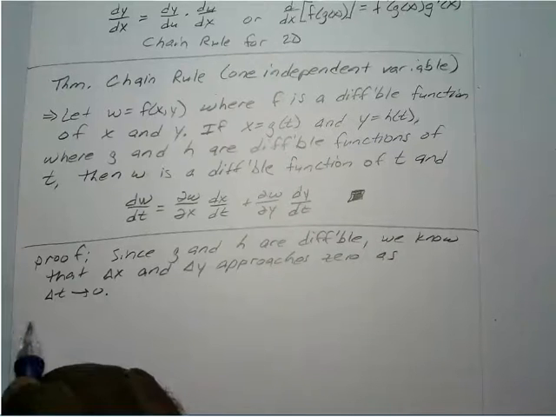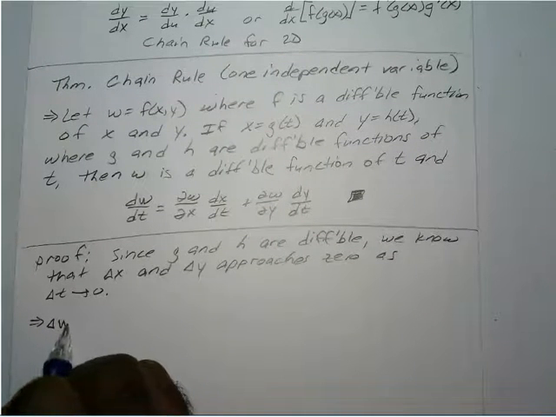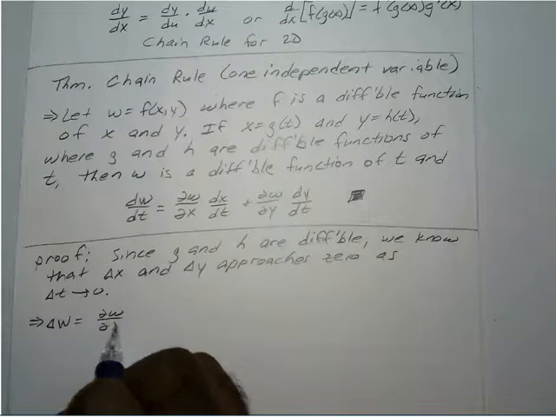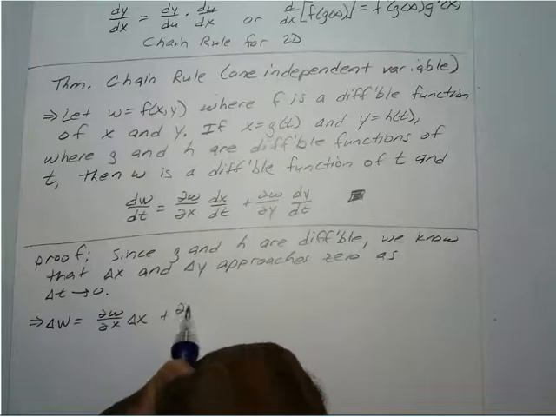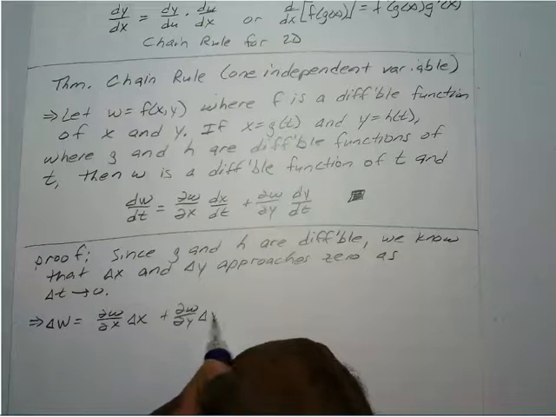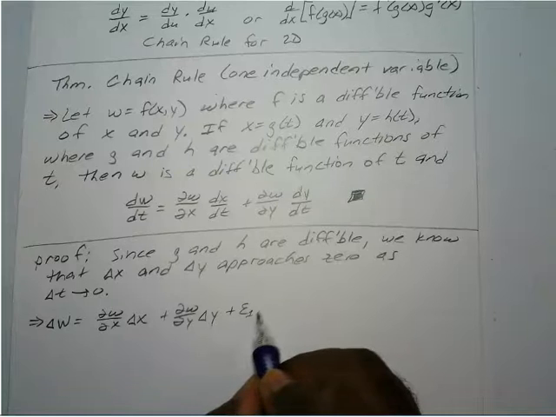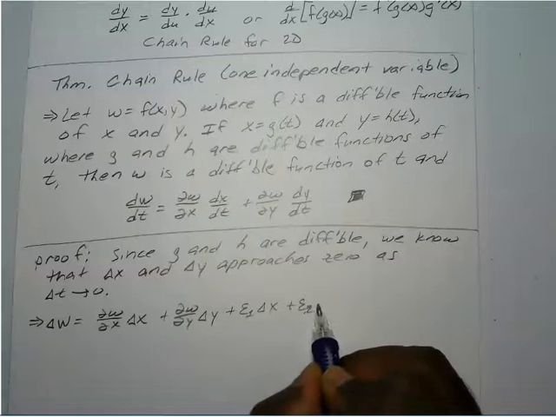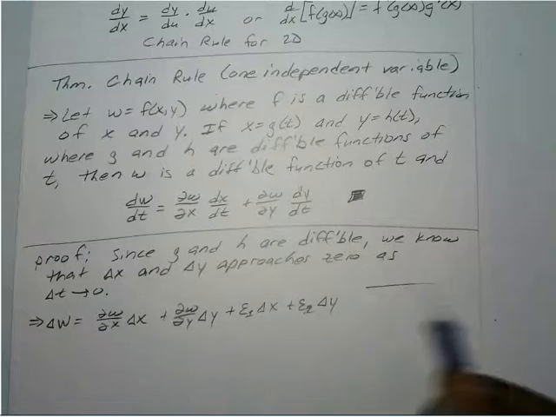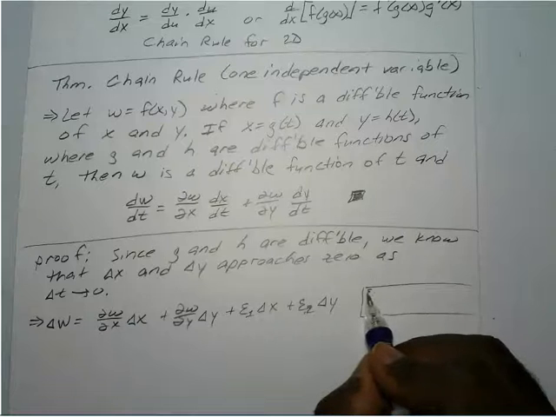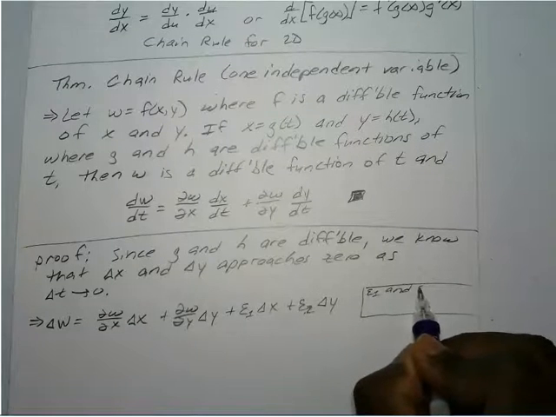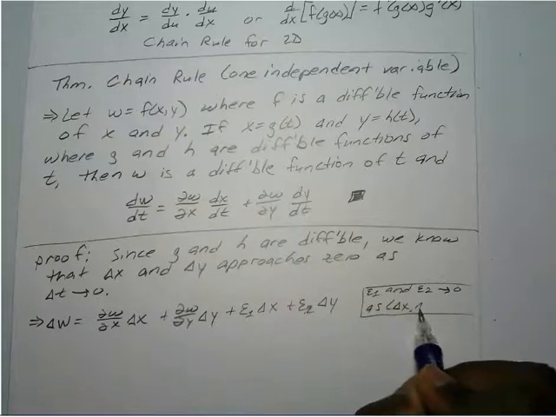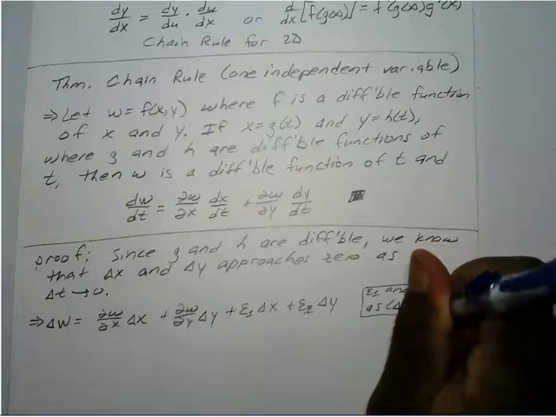If that's the case, we know that delta w is equal to partial w with respect to x times delta x, plus partial w with respect to y times delta y, plus epsilon 1 delta x plus epsilon 2 delta y. But we already know simply by definition that epsilon 1 and epsilon 2 both approach 0 as delta x and delta y approach 0.